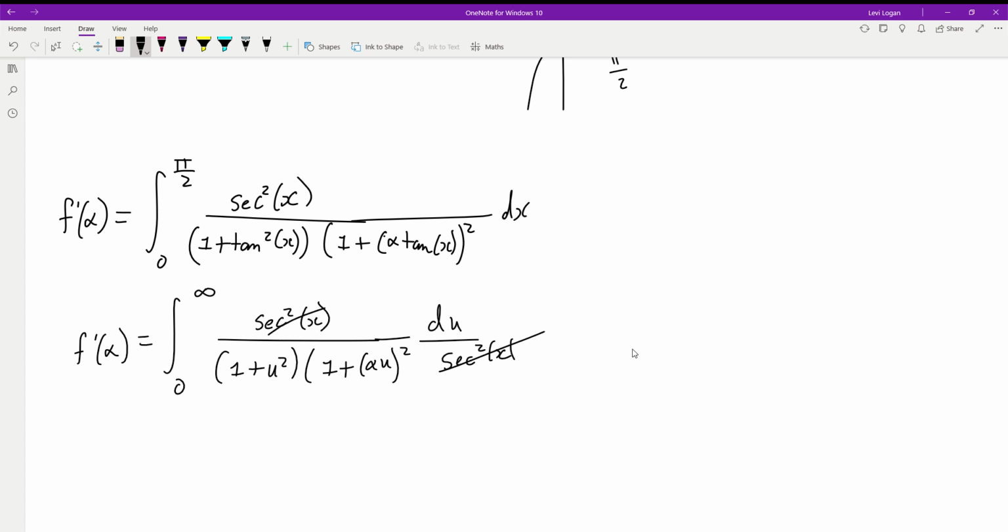So that cancels out, and all we're left with is the integral from 0 to infinity du on 1 plus u squared on 1 plus alpha u all squared.